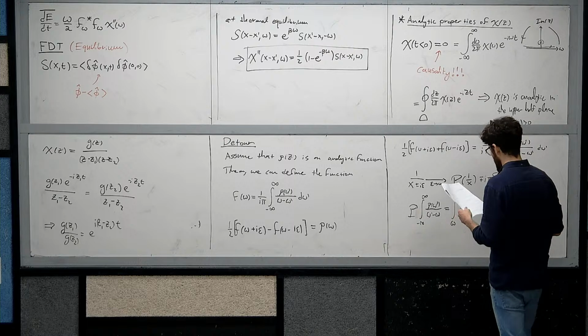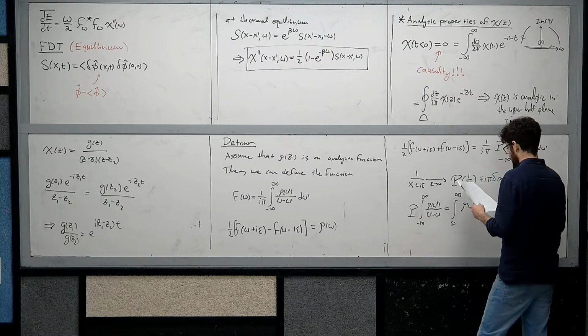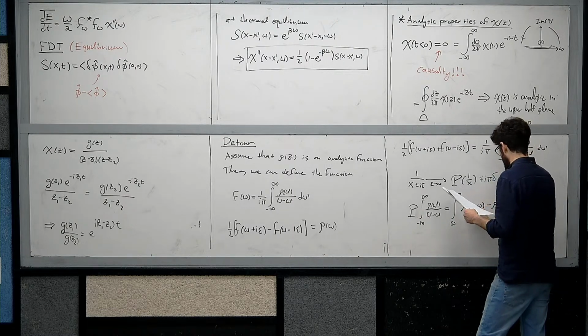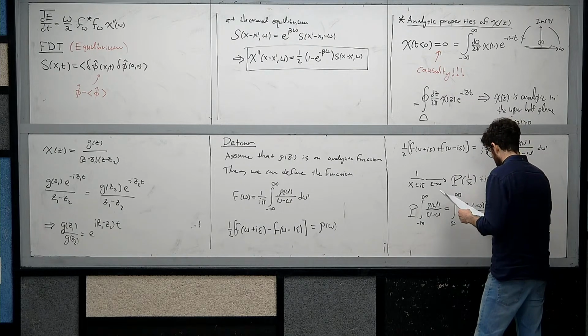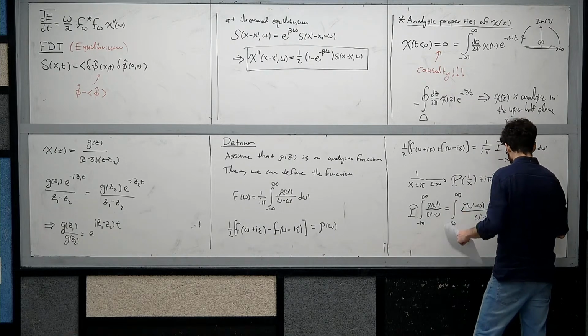Yeah, now I understand what I wrote. Okay. Omega minus omega prime minus omega, d omega prime.